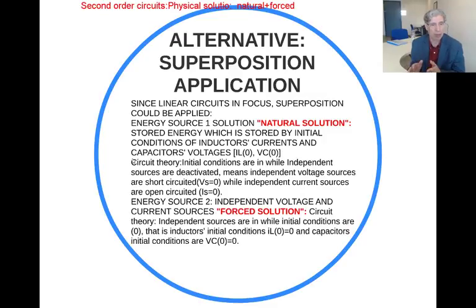So if I find the solution related to the energy stored elements in a circuit, and find the solution for the independent sources, and add them up, I can find the solution when both these energy sources are in. That's superposition. So this is what we are going to do.